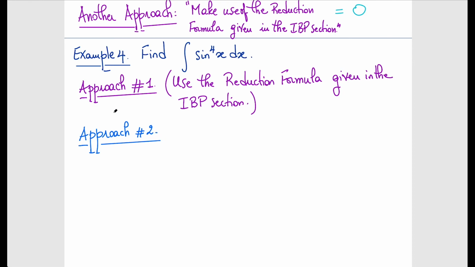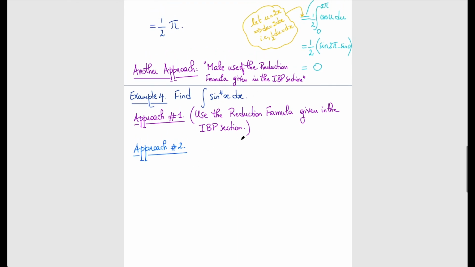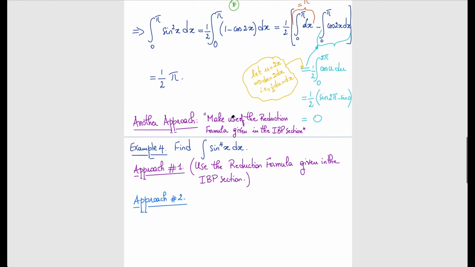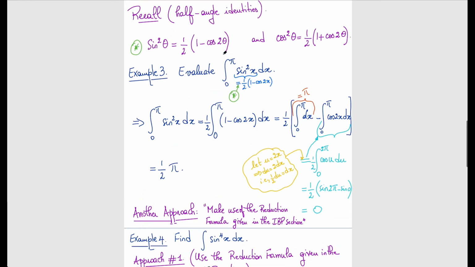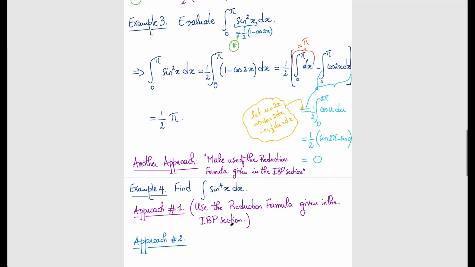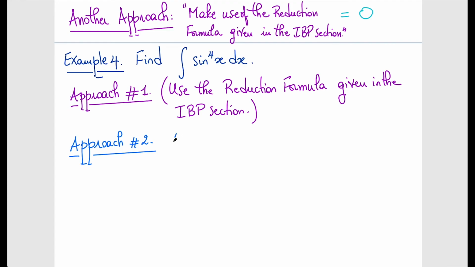We're also going to do the same strategy that we followed in example 3, and that strategy was applying one of the half angle identities, right? So it's going to be the same. So here we're going to apply half angle identities.